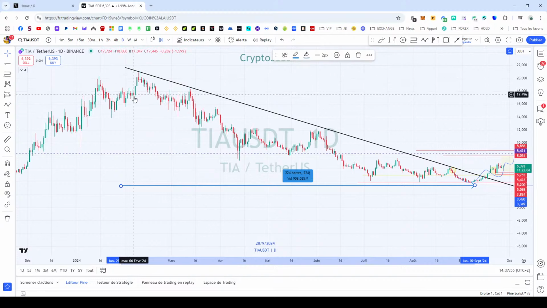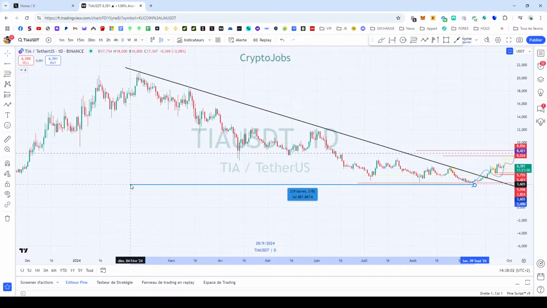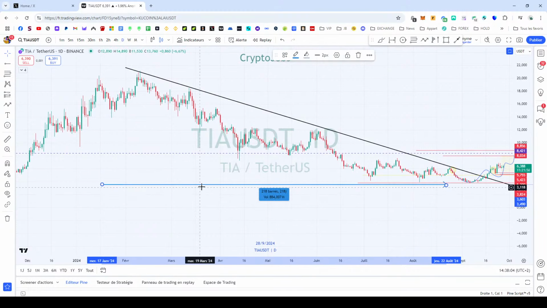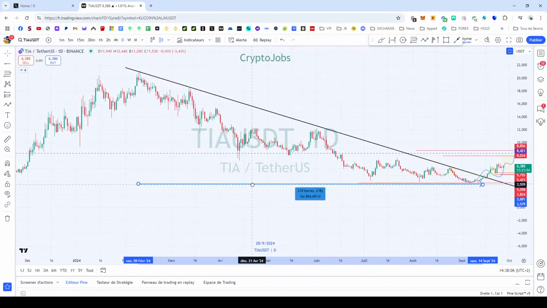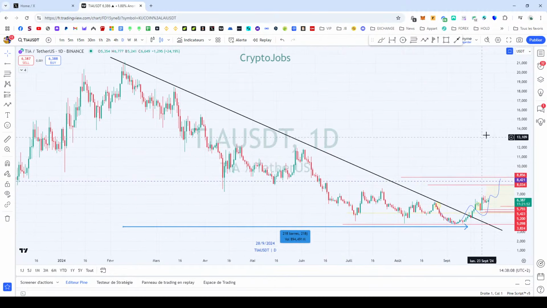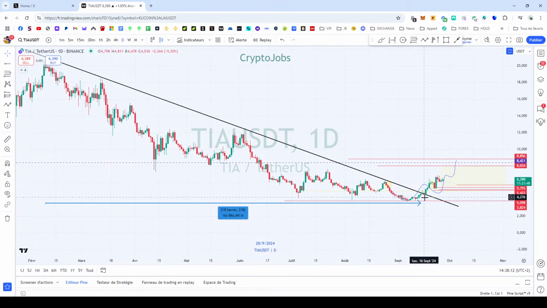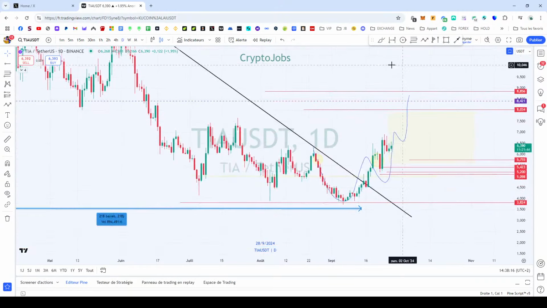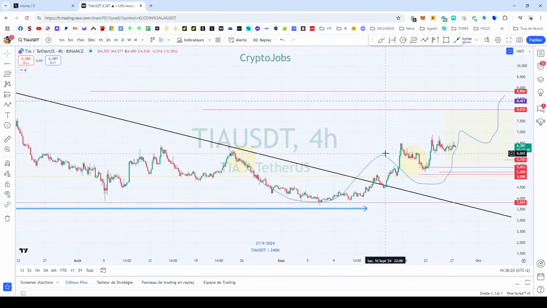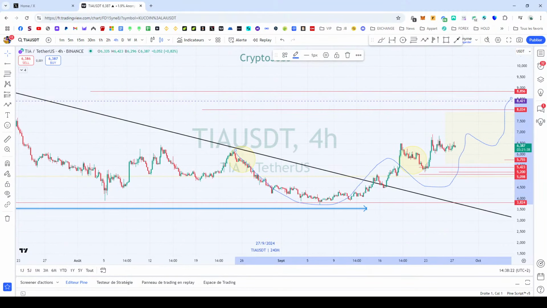It's almost more than 200 days of downtrend. So it indicates that there is a huge trend reversal potential on the price here on Celestia. I shared this breakout right there, and a few days after we saw a perfect retest and a cup and handle pattern, as you can see here.